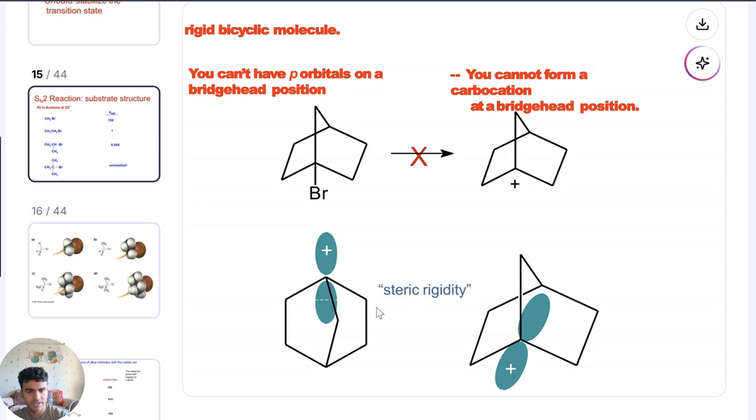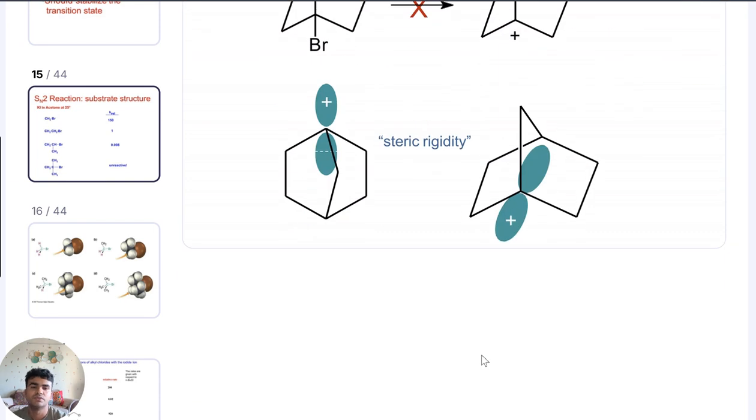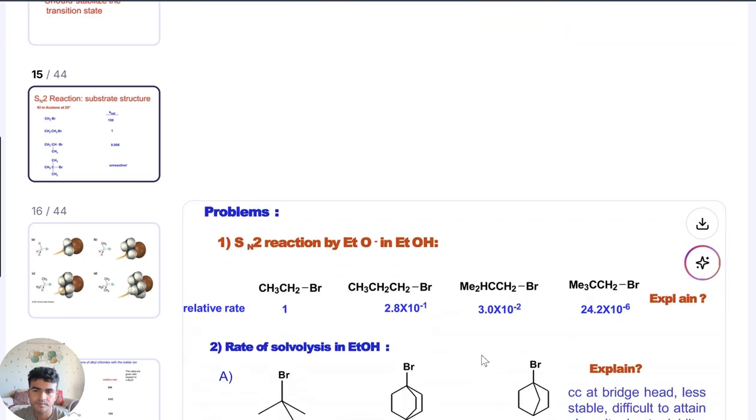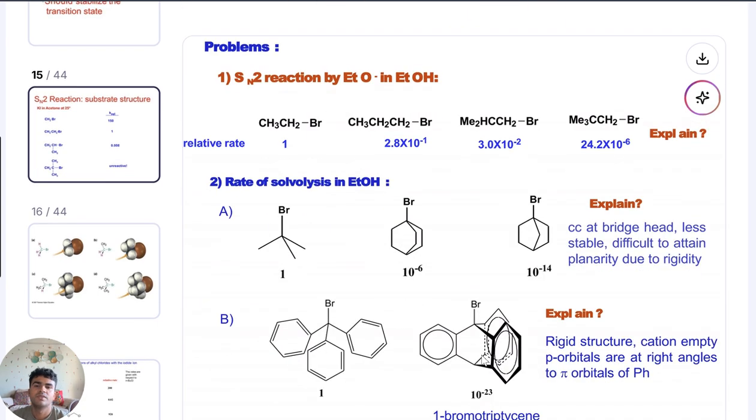So due to static rigidity, SN2 reaction will not happen. And also you can see that the nucleophile cannot attack from the backside, because it is a cage-like structure. The antibonding orbital is not accessible to the nucleophile. So there is a problem.